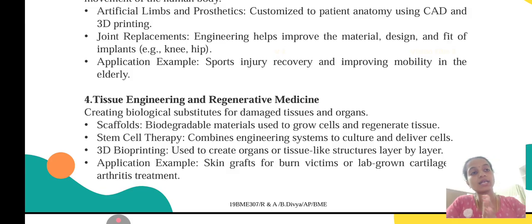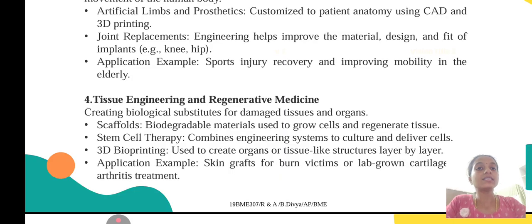As we all know, stem cell therapy is a very popular one, where we can recreate the organs of a particular person by using stem cell therapy.